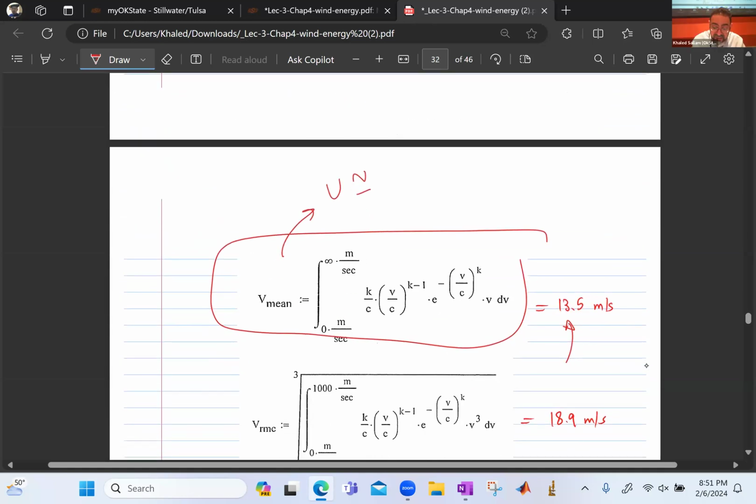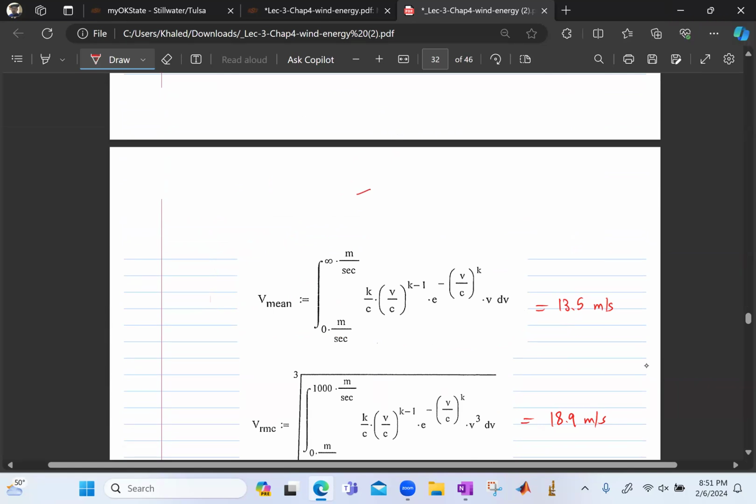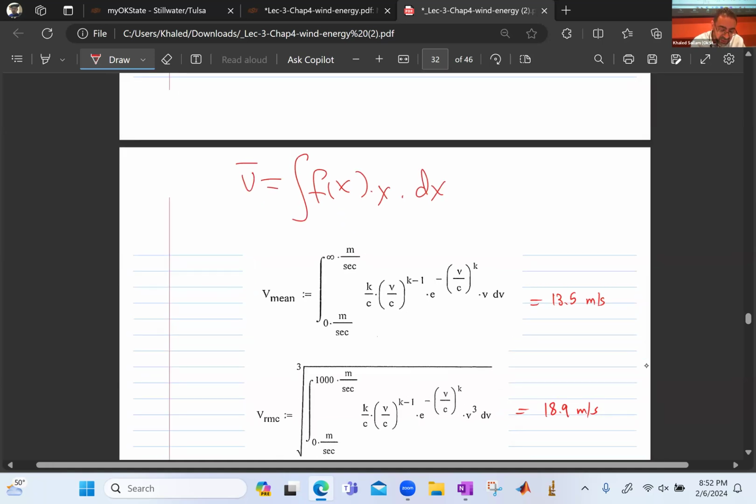So you will come and say, well, here is the equation for any average. Any average is the probability of that variable, x, dx, where this is its distribution, Gaussian, Weibull, whatever distribution describes it. You write this guy. Here, this is the velocity we care about, specifically the velocity.